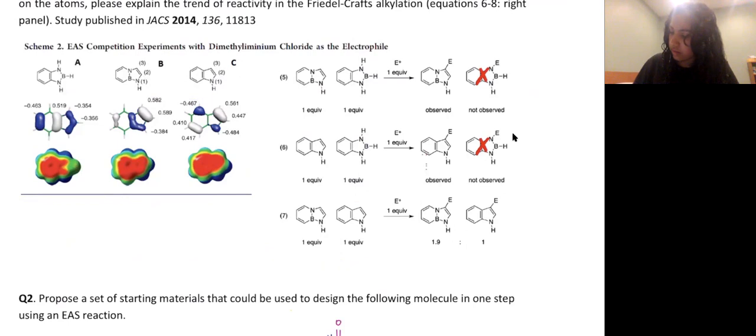So this would be, oh, I should have erased that. Okay. So this is molecule B. This is A, C, A, B, C. And then on the right side, I saw that the first one with the X is A, the second one with the X is also A, the rest are B and C. That was step one.